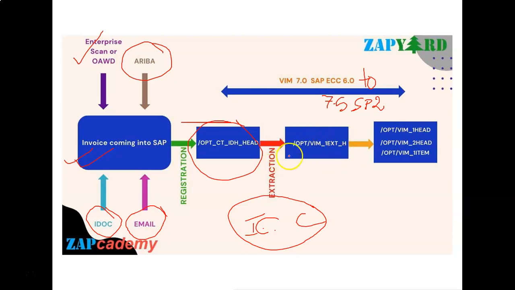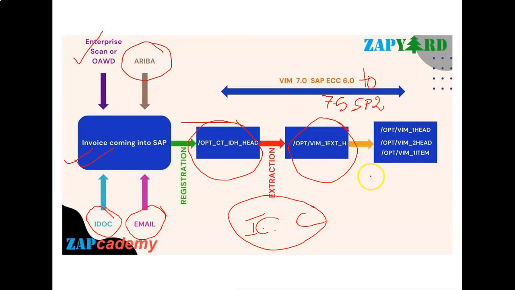So once the data extraction happens, the data that gets stored is in the /opt/vim_1ext_h table, and post the inbound configuration happens, that is, once the data goes on to document processing.